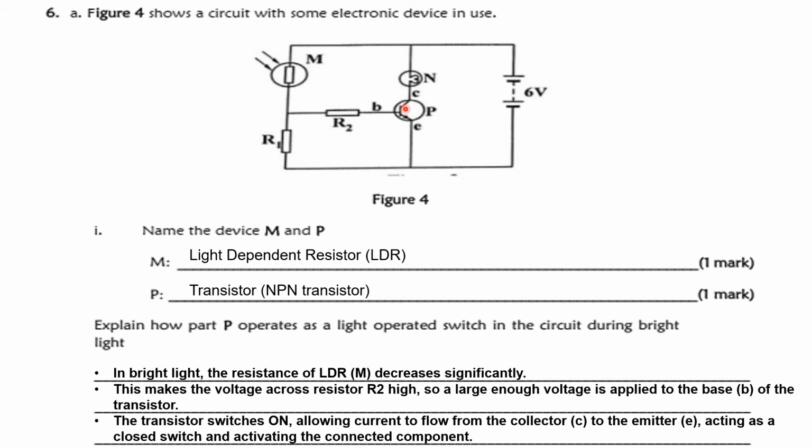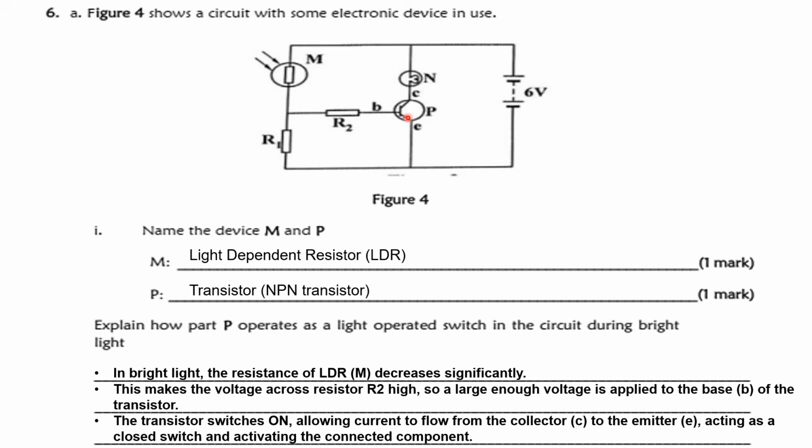In so doing, it acts as a closed switch, activating the component. In this case, it will activate the bulb to light. So current will flow all the way to the negative terminal of the battery, then activate the bulb, to enable the bulb to light.